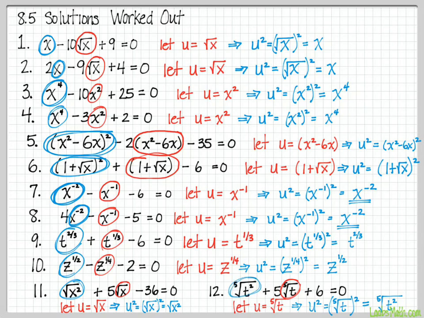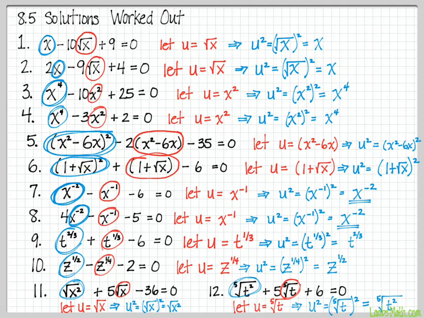So please look at all of these and notice that what I've circled in red in each one of these problems will become U. And what I've circled in blue in each one of these problems will become U squared. So in each one of these 12 problems, I'm going to stop having x's or t's or z's or whatever's there.